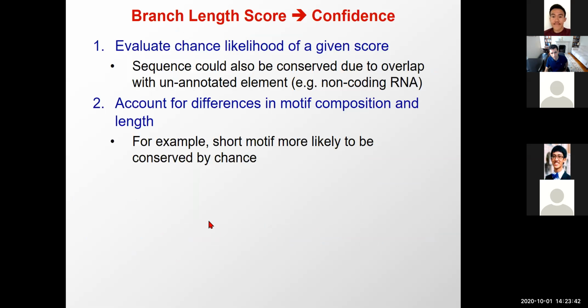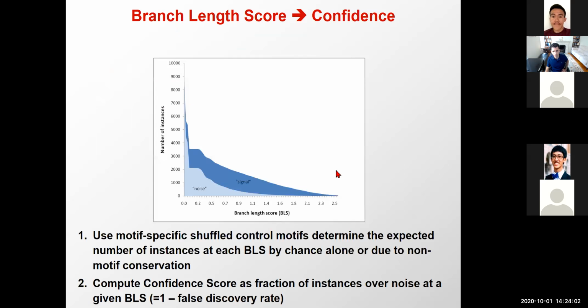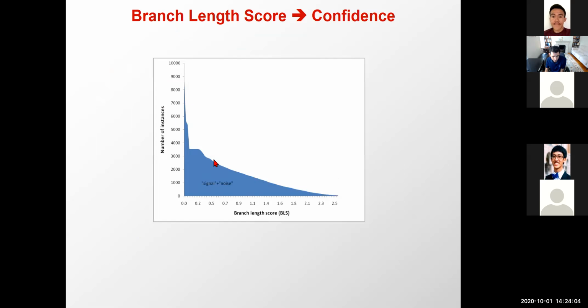So we now have the branch length score, and we now have a lot of control motifs, and we'd like to know how well these control motifs match the branch length score distribution that I obtain for the real motifs, okay? And that's what gives us this curve here.